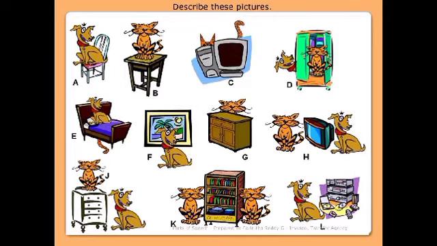Now there is a picture story. In A, it is on the chair, over the table, above the TV or computer, behind, in the almirah, on the bed, in front of the picture, behind the table.